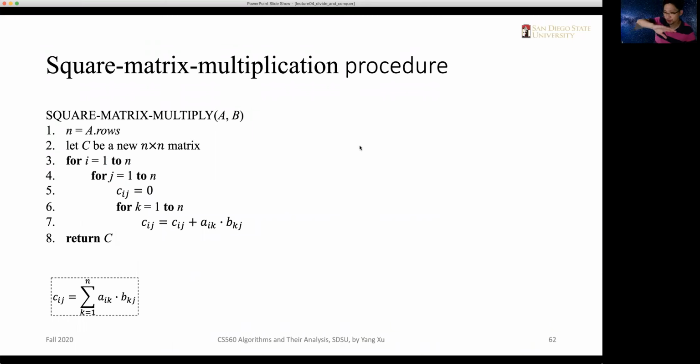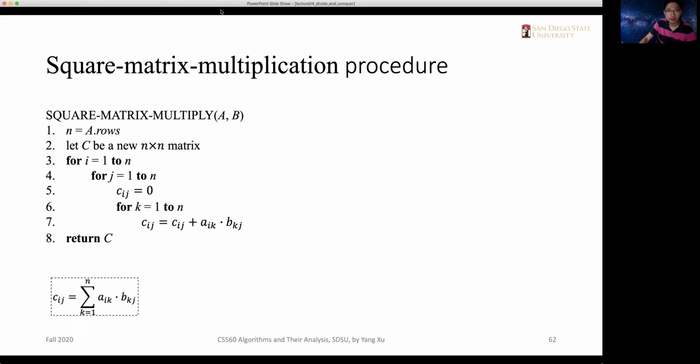Because we need to go through all the rows and all the columns in the final returned matrix.